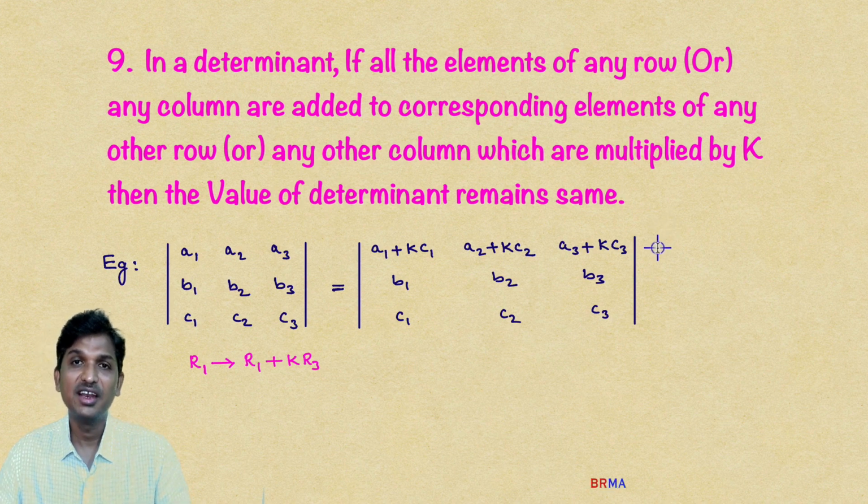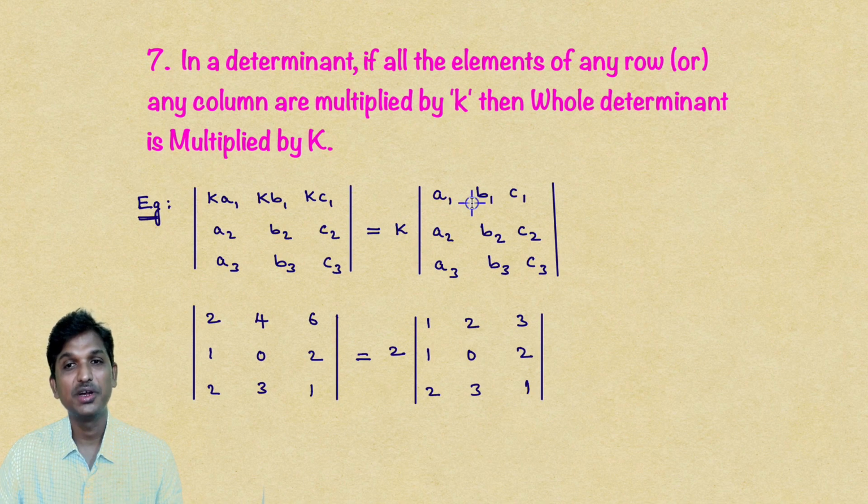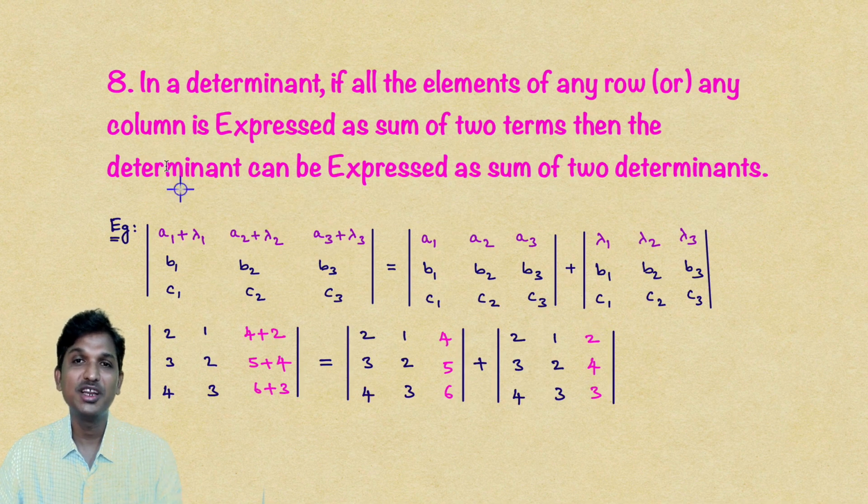Again, I am requesting you to pause this video. Write the 7th property, 8th property, 9th property by taking pen and paper. Try to practice these things and try to say along with me. What is the 7th property? In a determinant, if all the elements of any row or any column are multiplied by k, then the whole determinant is multiplied by k. What is property number 8?